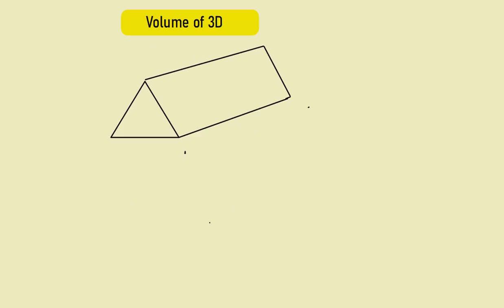Finally then, it's percentages as well, and volume of a 3D shape. Can we just remember, please, the formula is in your sheet, but it's the area of the cross-section at the front of the shape multiplied by the length of the shape. So if it's a cylinder, it's the area of a circle times by the length.